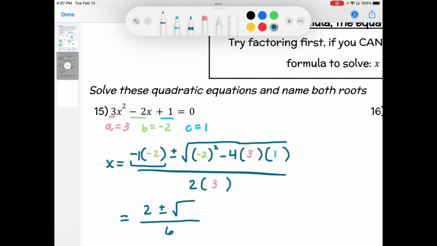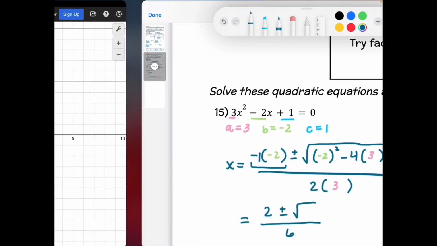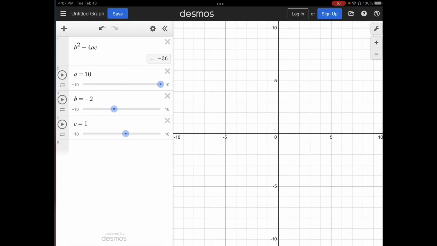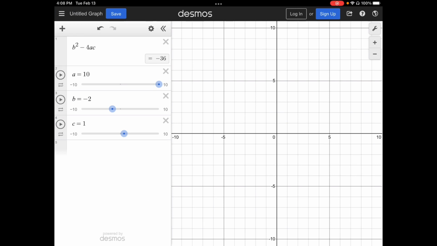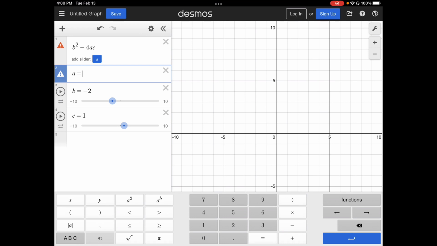So for Desmos, if we go to Desmos and type in b squared minus 4ac, that's everything that's underneath our square root. And a little throwback, that's also our discriminant. So it tells us a lot of things about the equation. So what we want to do is we can just literally type in a equaled 3.